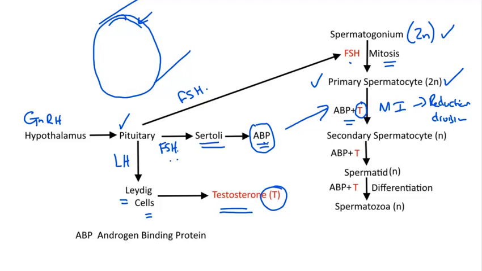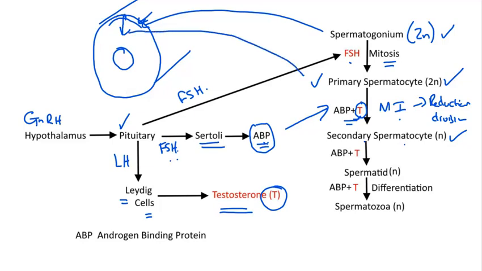That first meiotic division, with the concentrated testosterone, leads us to secondary spermatocytes, which are indeed haploid. And so as we go through these divisions, in the lumen of the testes here, we're progressing inward. And so our spermatogonium would be in the outer section. Our primary spermatocytes would be slightly deeper in.